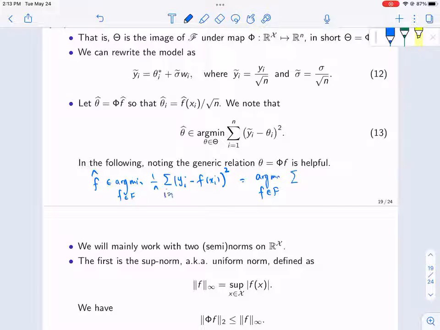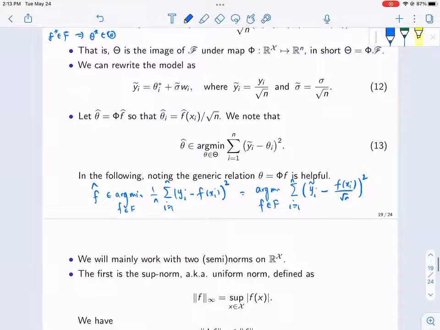I'm going to move 1 over n inside the square, basically. So I get (y tilde_i minus f of x_i divided by root n) squared, right? And there's the 1 over n right there.